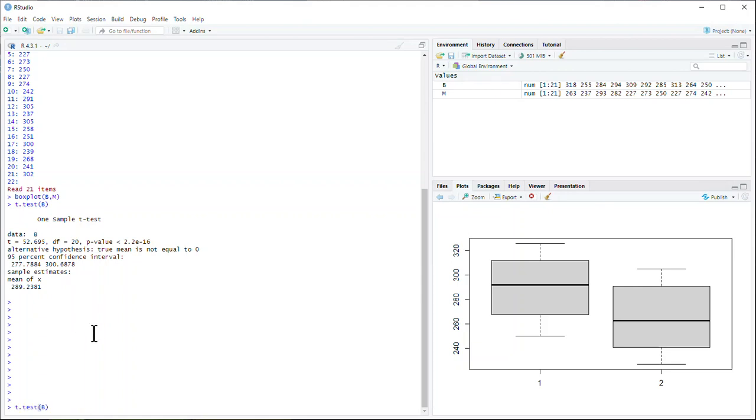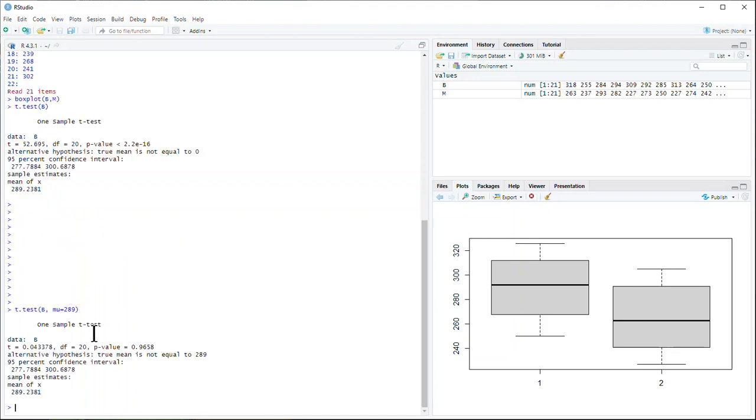I want to show you what happens if I test not against the true mean being 0, but the true mean being, let's use the actual true mean, 289, or the mean of my sample. So now look what happens. The true mean is not equal to 289.